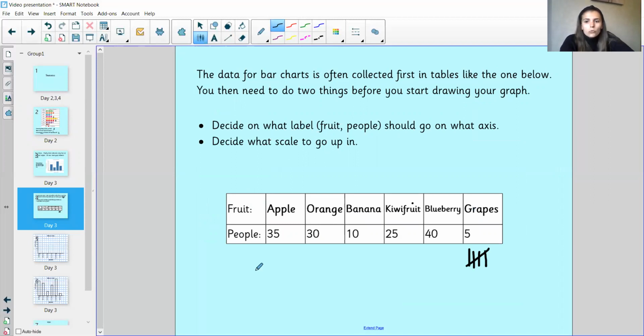So it helps you to draw your graph by, first of all, thinking, what scale should I use? So here you can see that there is a pattern with my numbers here. All of my numbers are in the 5 times table. So my scale I'm going to use is 5. So I'm going to go up in 5s.